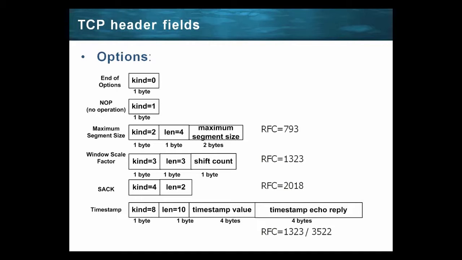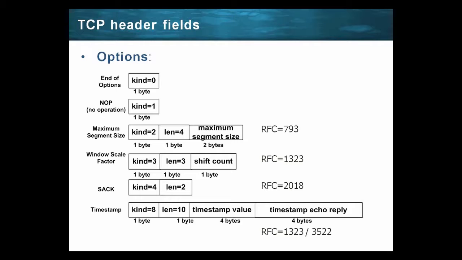SACKs, if we're going to increase our window size, then we need to provide for selective acknowledgments, which are a more efficient way to retransmit data in TCP. And we can also negotiate timestamps so that we can use that for round-trip time measurement. And there are always new things, experimental options being added, like multipath TCP. So there are things all the time being proposed.